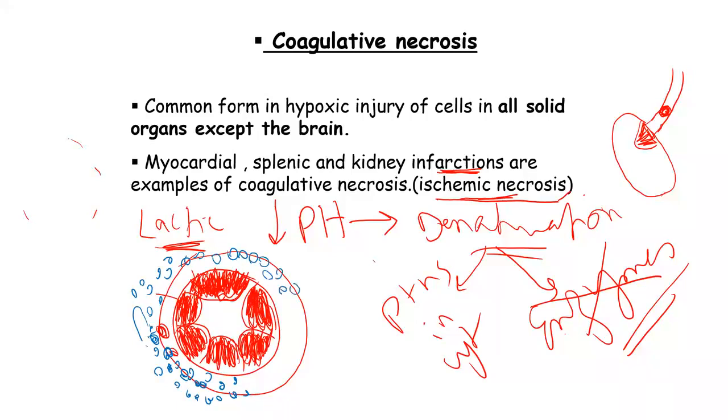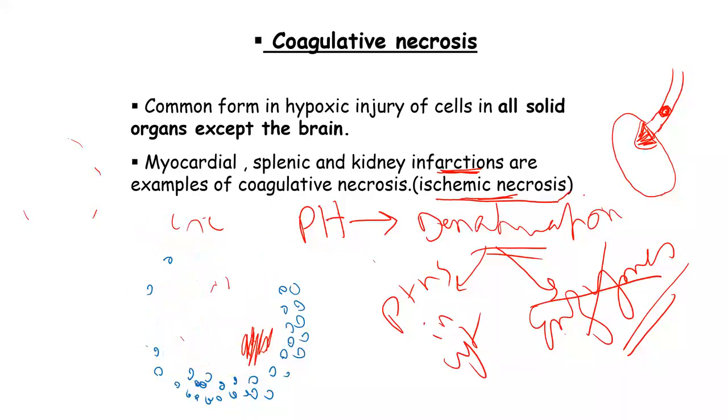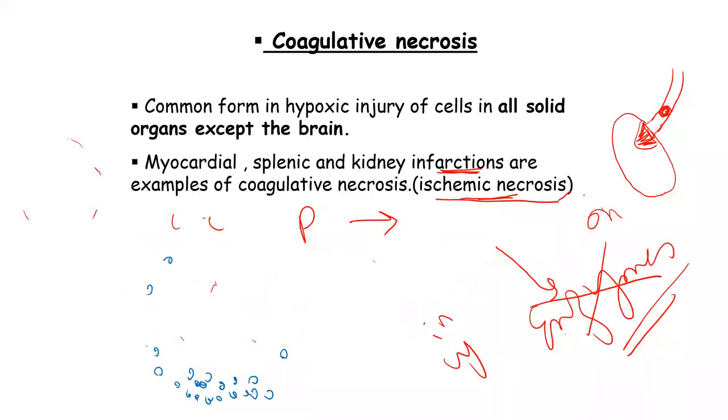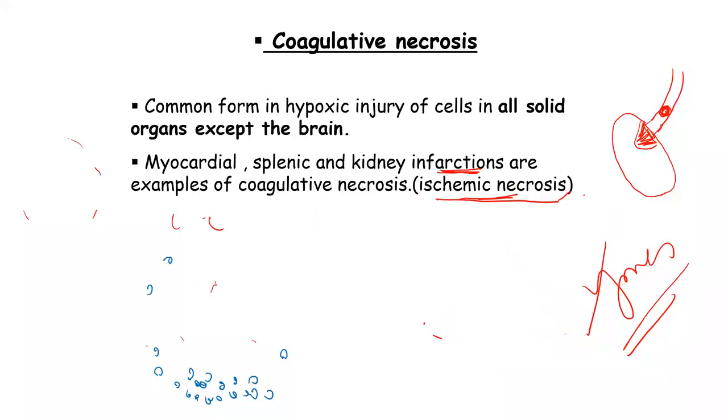This is the host reaction: they come from dilated blood vessels surrounding the necrotic area, trying to eat or clear the necrotic tissue, as you are going to learn later on in inflammation. So the surrounding tissue will show inflammatory cell infiltration. Fine. So this is the process of coagulative necrosis.